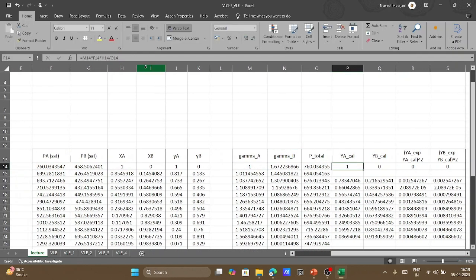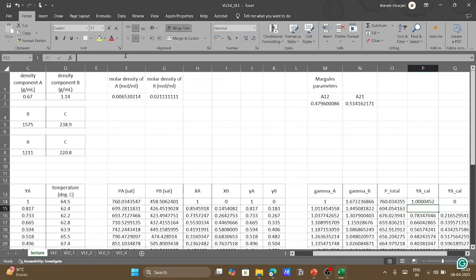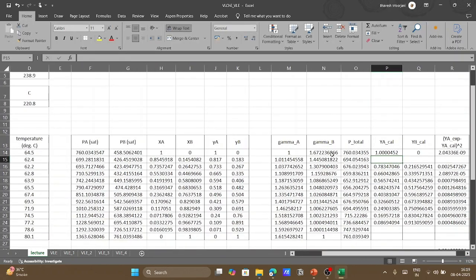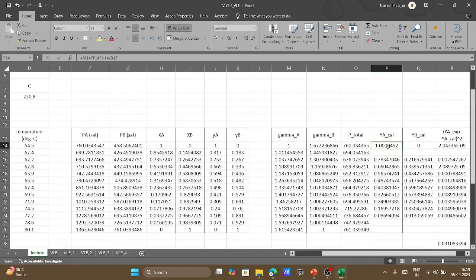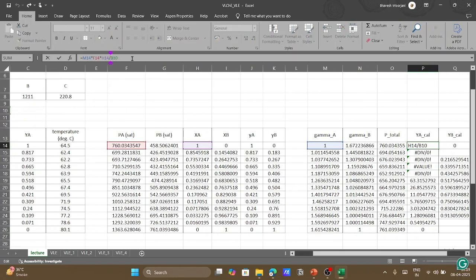Sorry, here total pressure will be, since it's a constant, we have to use this value. So you can see the mole fraction is coming more than 1. So that means our coefficients are not correct. I need to fix this value.